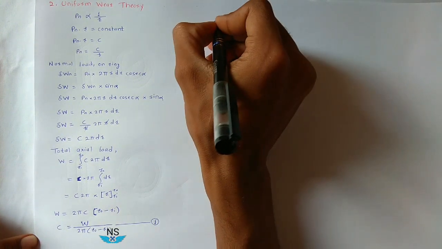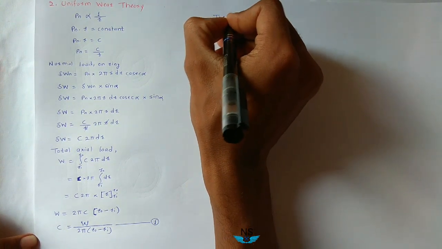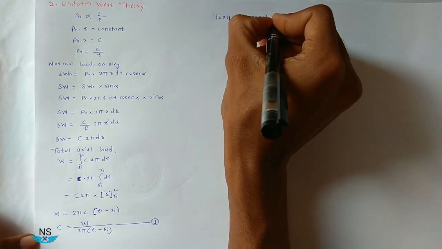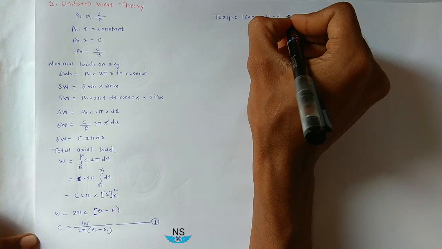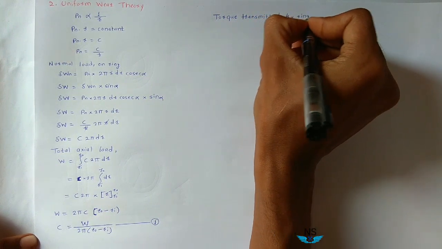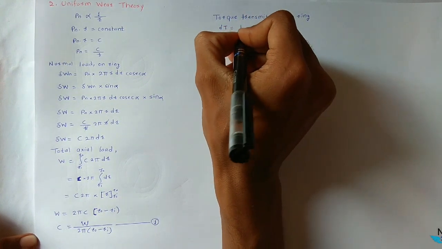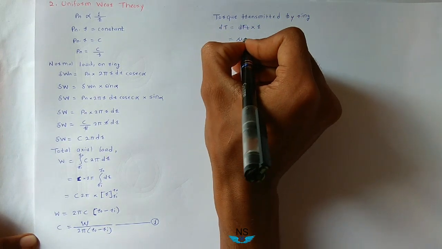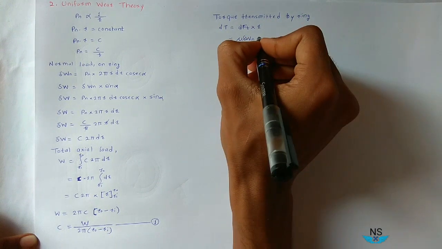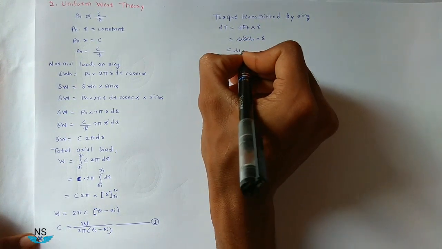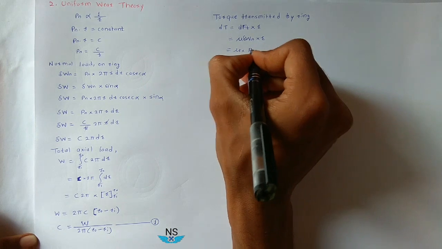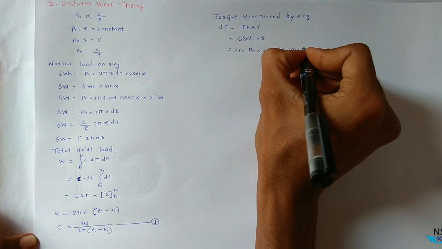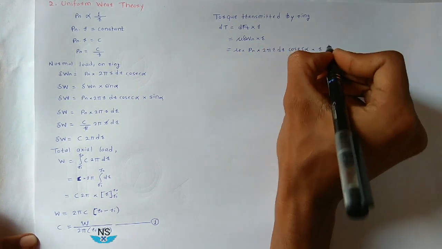Now we know that the torque transmitted by ring, dT, is equal to dFt into r, and dFt is nothing but mu delta Wn. So mu into the value of delta Wn, which is Pn 2 pi r dr cosec alpha, into this r.